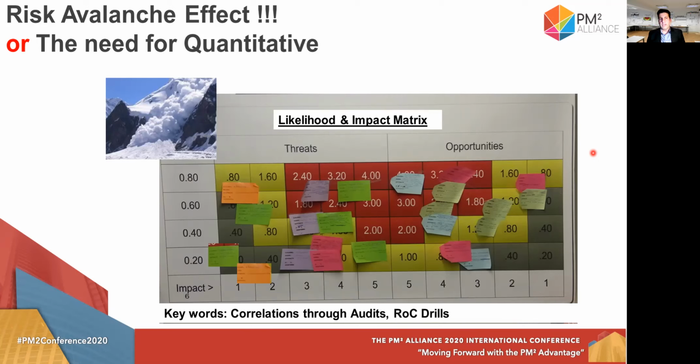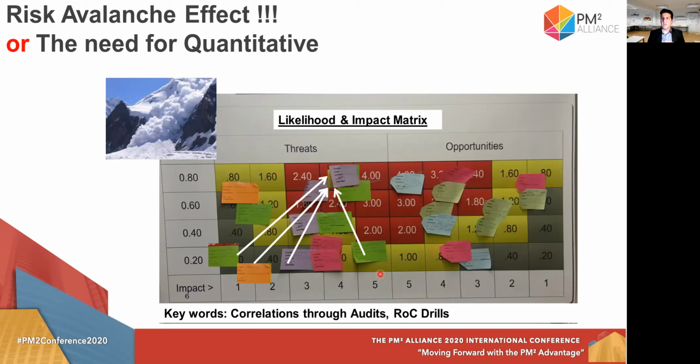What I'm calling the risk avalanche effect, you have to avoid. You have to avoid the fact that small risks, low risks, will happen in a sequence or at the same time, and they will create a total impact of a high risk, like you can see on the slide.